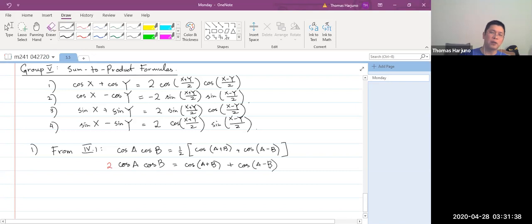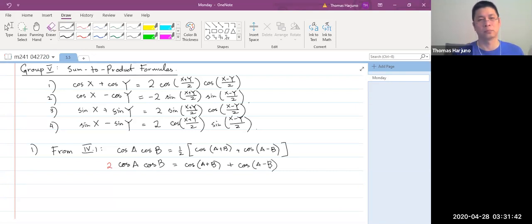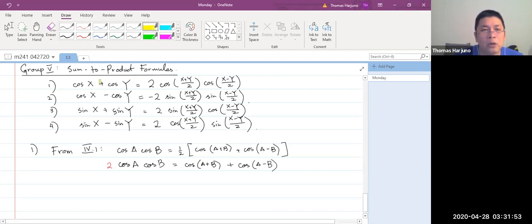Can you follow me? Okay, this is what I will do next. I want you to notice some pattern. Notice that I have cosine x plus cosine y, right? My x was originally a plus b. My y is a minus b.